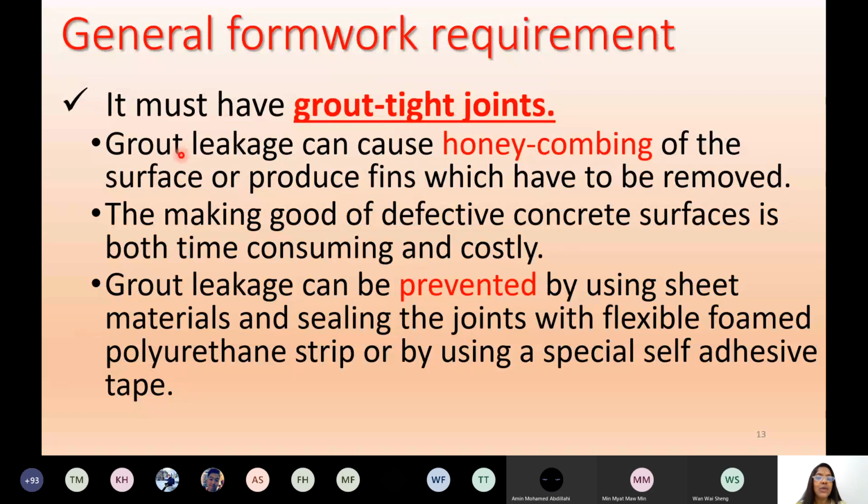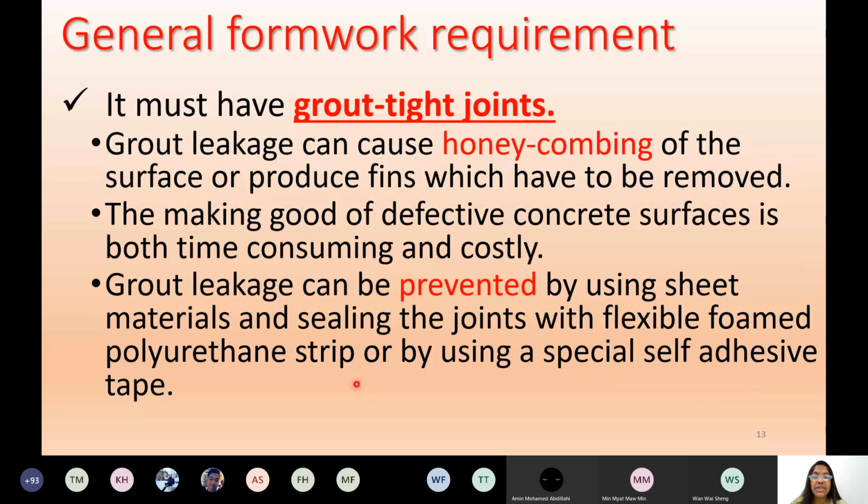Grout leakage can cause honeycombing of the surface or produce fins which have to be removed. The making good of defective concrete surface is both time consuming and costly. Grout leakage can be prevented by using sheet materials and sealing the joints with flexible foamed polyurethane strip or by using special self-adhesive tapes.